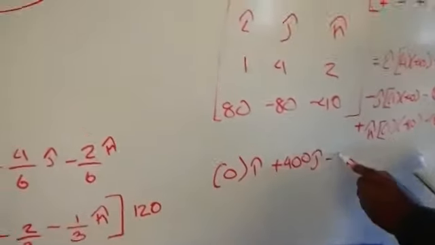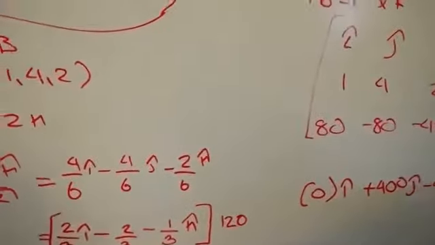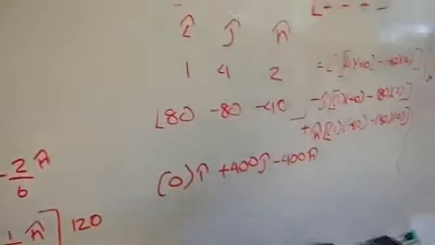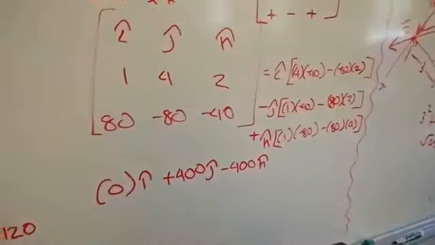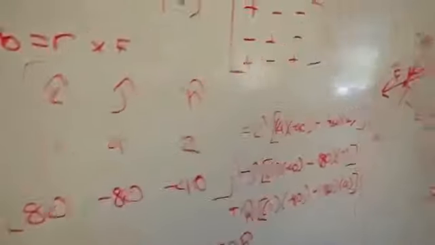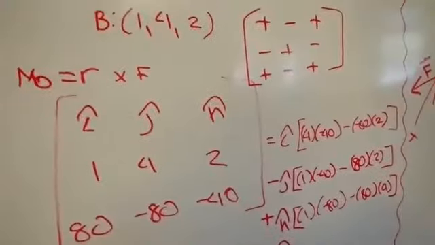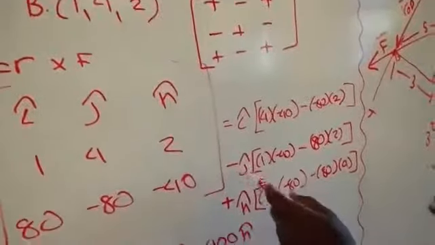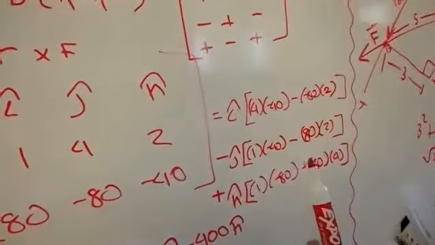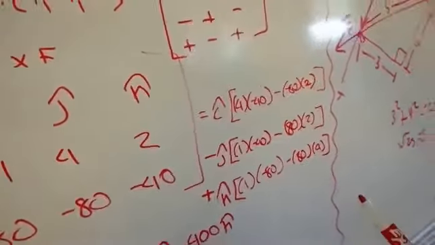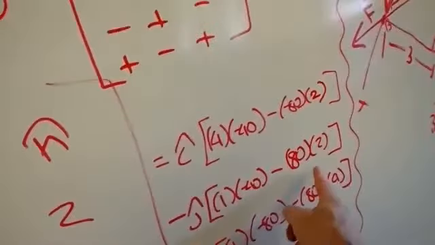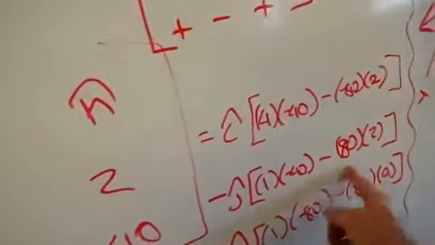Coming out okay? Not really. 200J minus 400K. You got minus 400K, but you got 400J somehow. So the J term is J times... this is minus 40 and this is minus 160, so that becomes minus 200 with a minus in front.